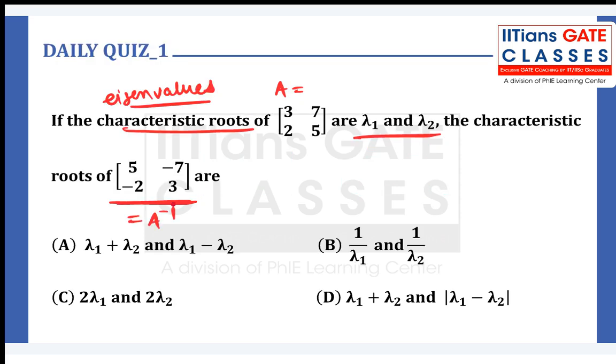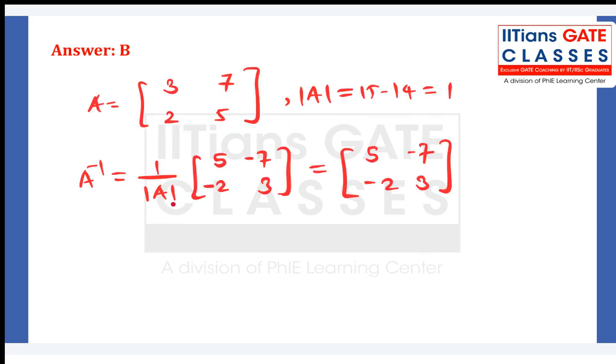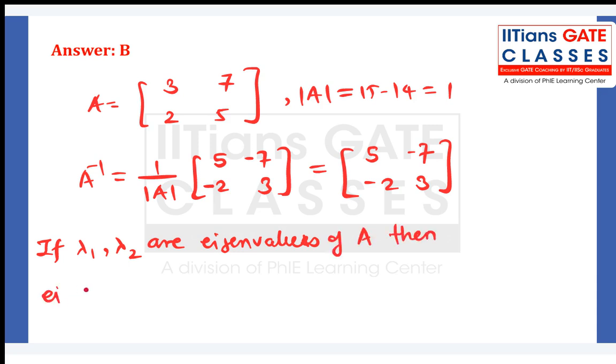So basically they are saying that the eigenvalues of A are lambda 1 and lambda 2. Then what are the eigenvalues of A inverse? It's a standard property: if lambda 1 and lambda 2 are eigenvalues of matrix A, then the eigenvalues of its inverse will be the reciprocals of the original eigenvalues.